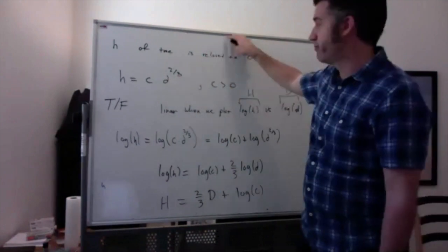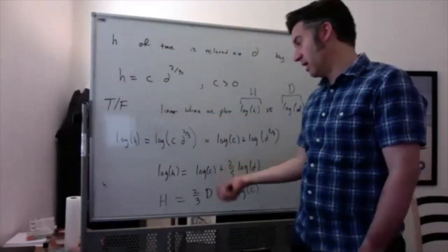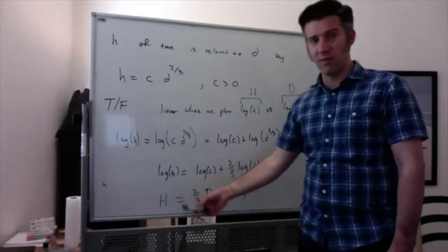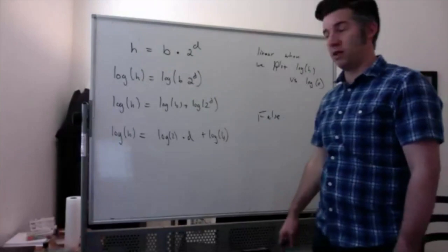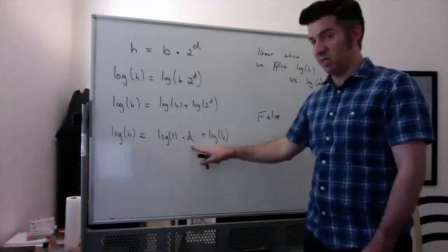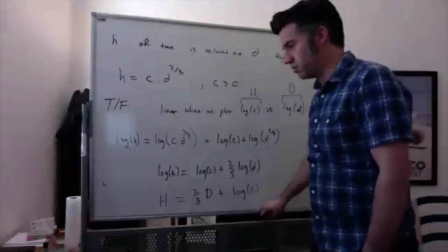Good to remember that. But you can always find out by just taking the log of both sides and then seeing, am I getting a linear thing with log of h and log of my d, or am I getting a linear thing with log of h and just d? That's the difference. Okay, that's a good question.